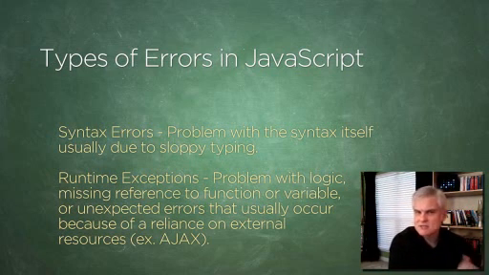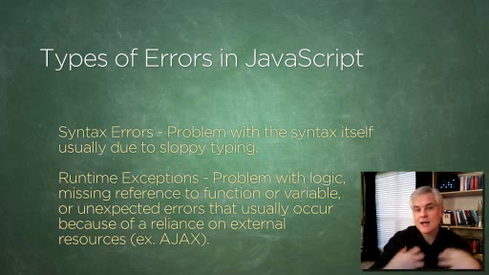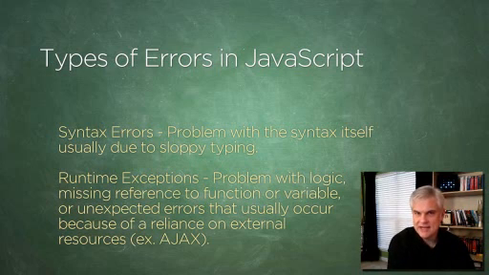We'll talk about AJAX much later, but let's suppose on any given day that the web server is having problems and it's not able to serve up the data that our web page is expecting correctly. And so as a web developer, we have to account for this possibility. That the information we're retrieving back is going to be garbled, or it times out, or whatever the case might be. We have to make sure that we degrade gracefully in that situation.